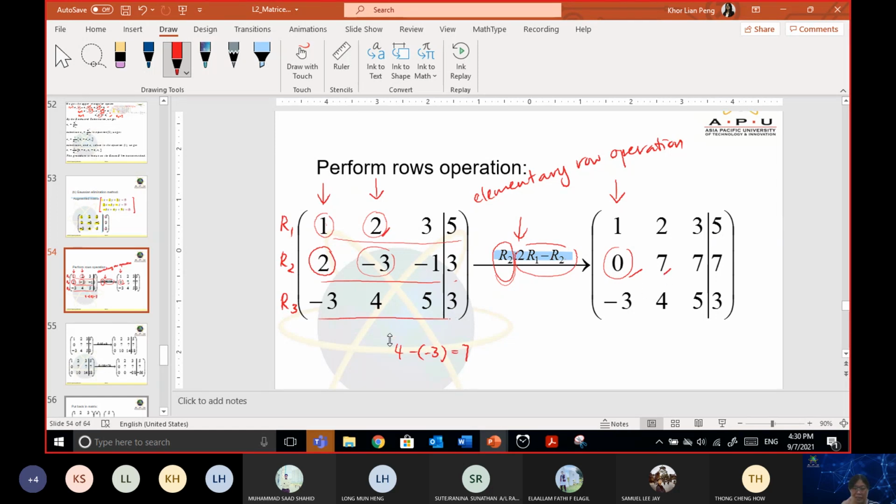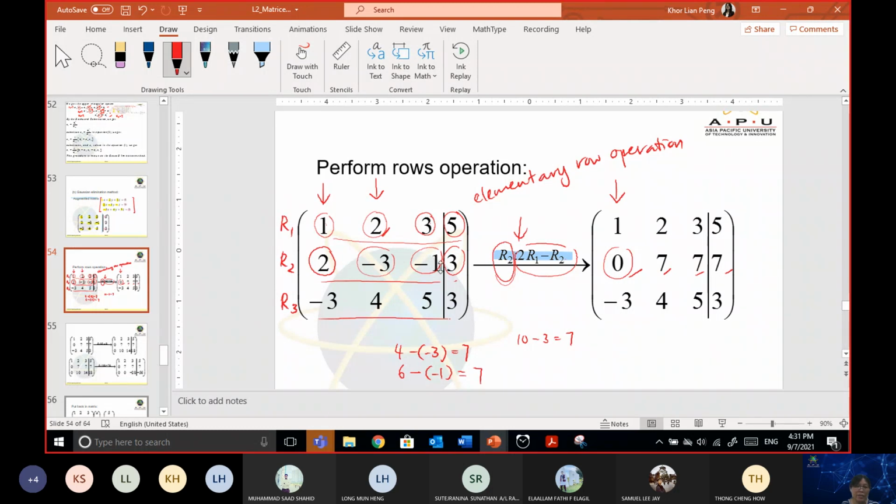Then I continue with the third number. 3 times 2 is 6. Sorry, 6 minus negative 1, so that means it's 7. We got 7. Then we continue: 5 times 2 is 10, 10 minus 3, so we get 7 as well.